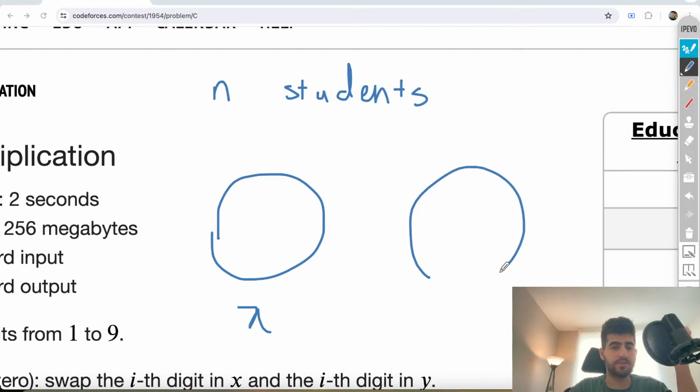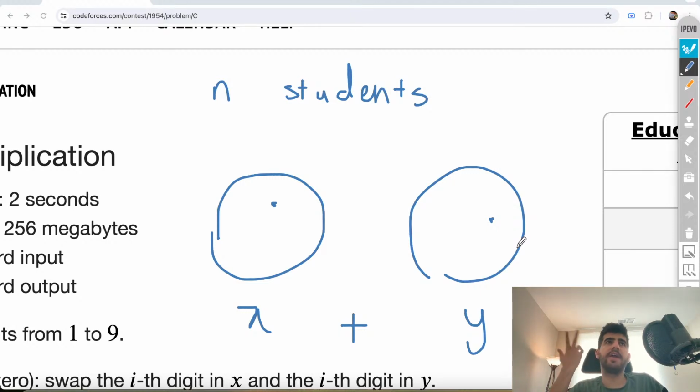Obviously, x plus y should be equal to n because we have n students in total. Such that each person from each group hates all the people from the other group. So each person from this group hates all the people from this group and vice versa. So for each two people, one from the first group and one from the second group, they will hate each other, right?